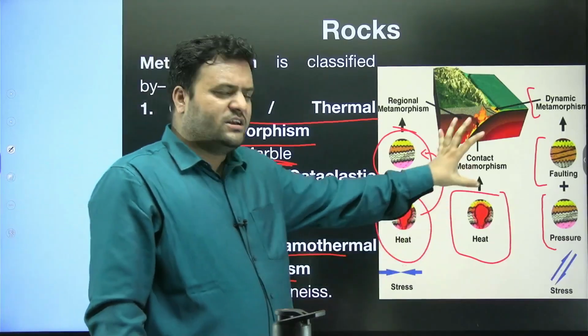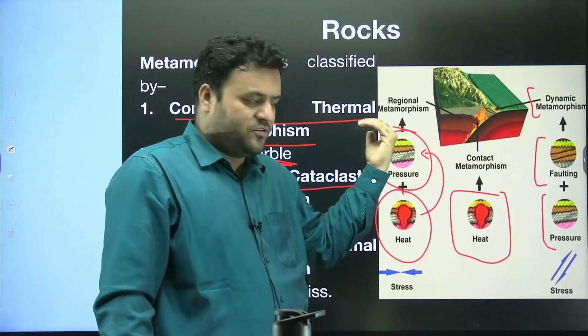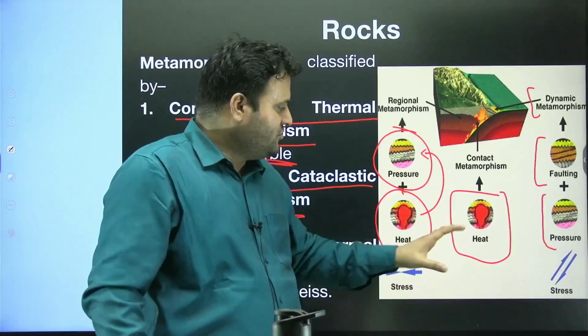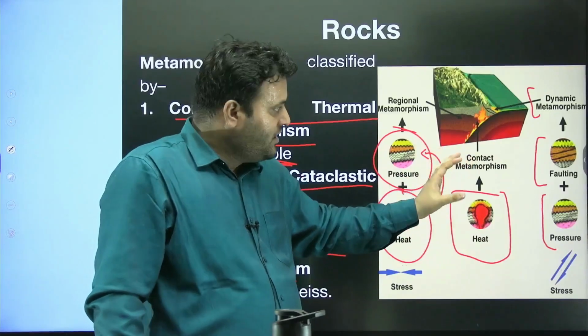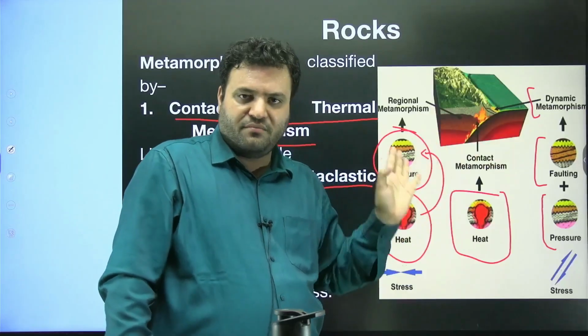So here in this image, we have these three different types of metamorphism processes. If you are in the deeper part, we would have more role of heat, contact metamorphism. If we are near the surface, that will be dynamic.